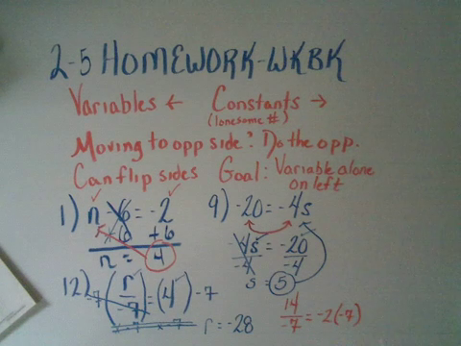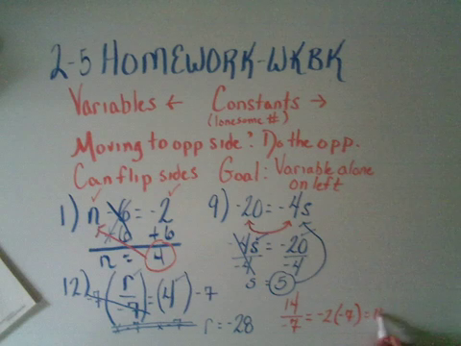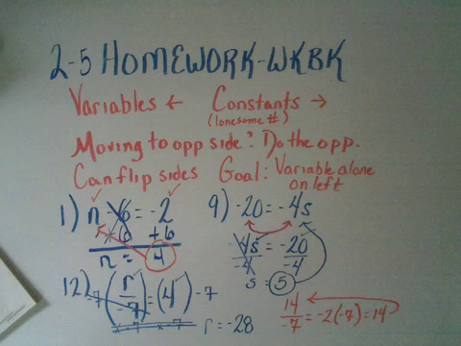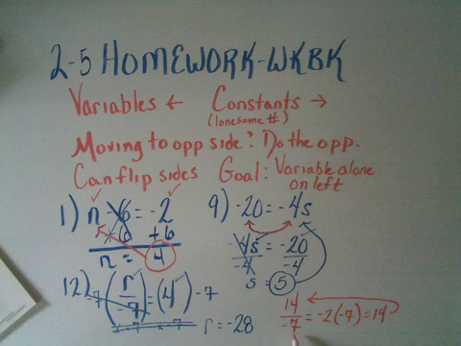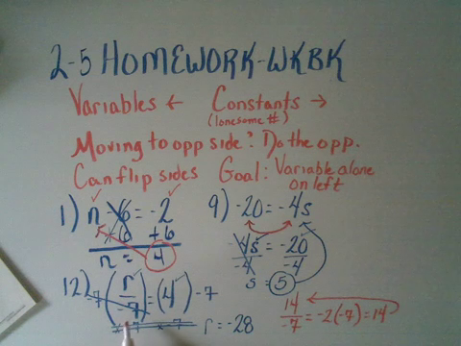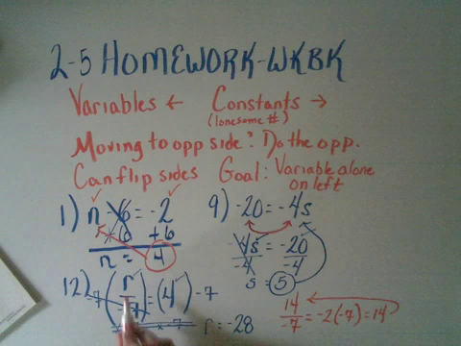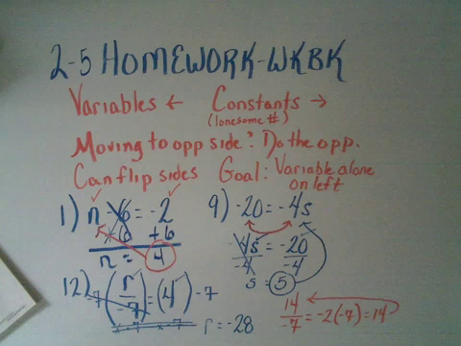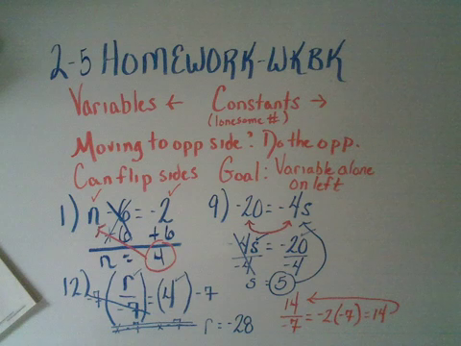Well, if I do negative 2 times negative 7, that's 14. Well, look at that. I came right back to where I started. That's why dividing by negative 7 and multiplying by negative 7 cancel each other out. And in this case, I just get r left on the left side like it's supposed to be and can solve to get r equals negative 28.